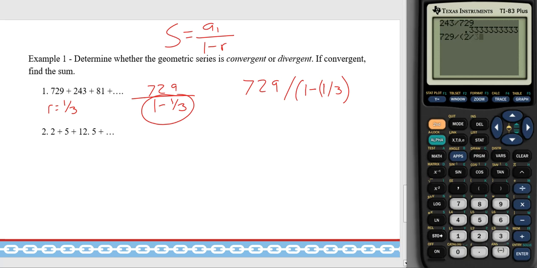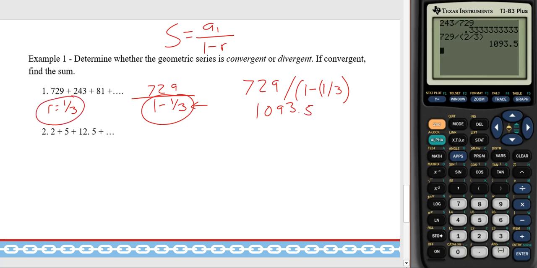With the TI-83s, we just have to be careful to put that fraction in parentheses. If you're working on a TI-84, you can set that fraction up. If you're working in Desmos, you can set that fraction up much more easily, in which case I'd probably just use the original equation. But we have a solution here of 1093.5. So we have to pay attention to our r value.